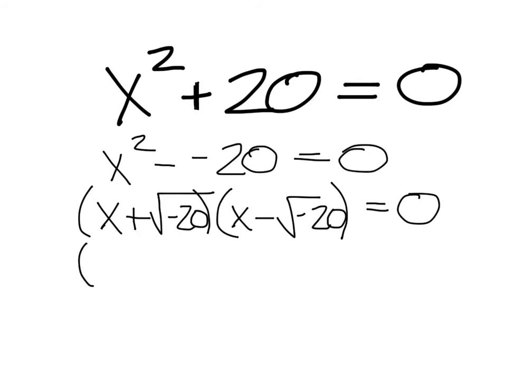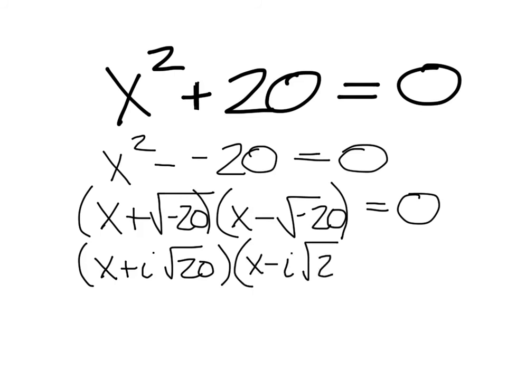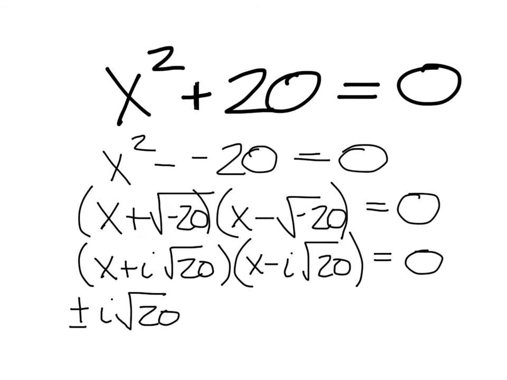Now you can take out an i just like before, but when you get down to where you have your final answer, you have to recognize that square root of 20 can be simplified. What perfect square goes into 20? 10's not a perfect square, but 4 will go into it. So plus or minus i square root of 4 square root of what? 5, yeah. 4 times 5 is 20.